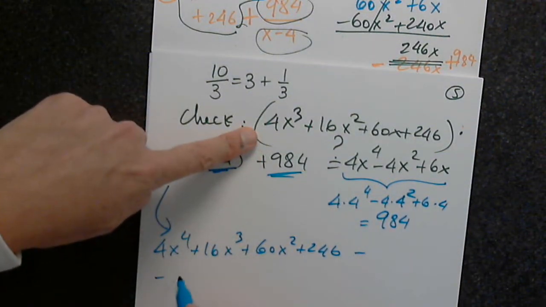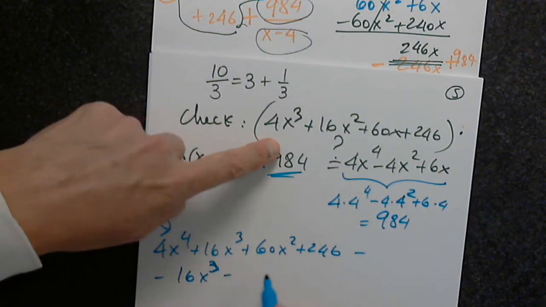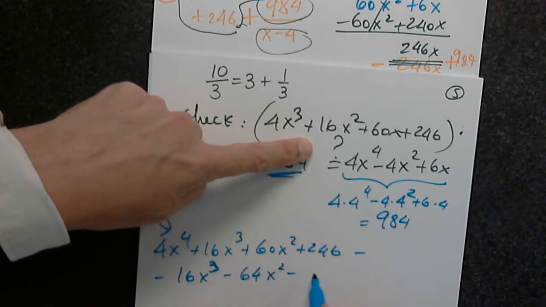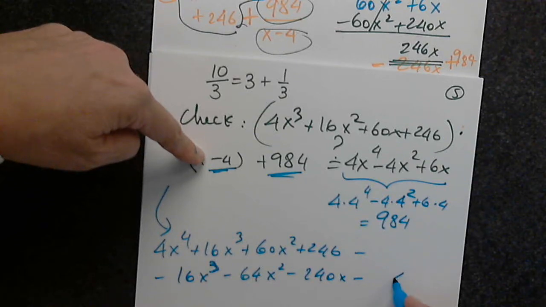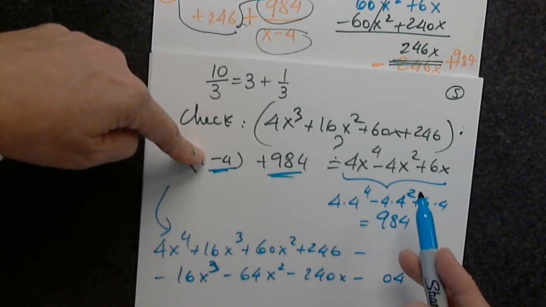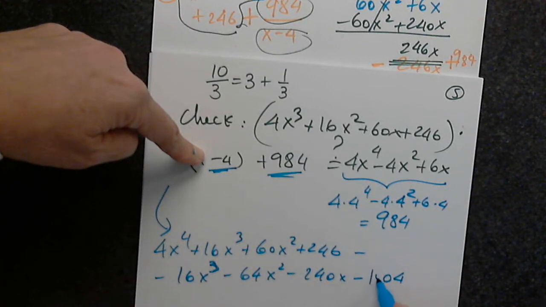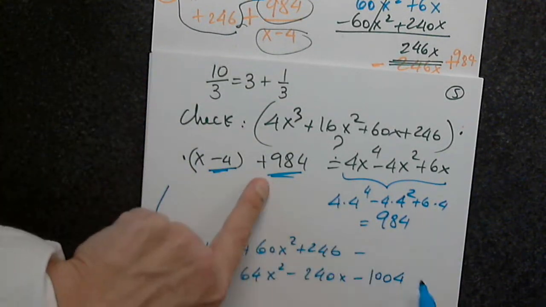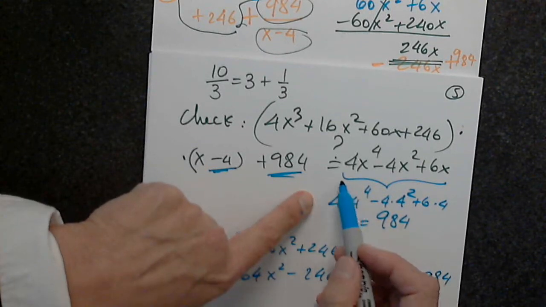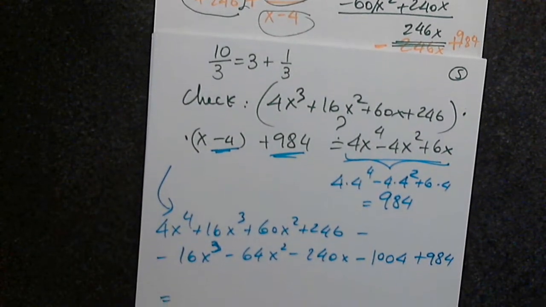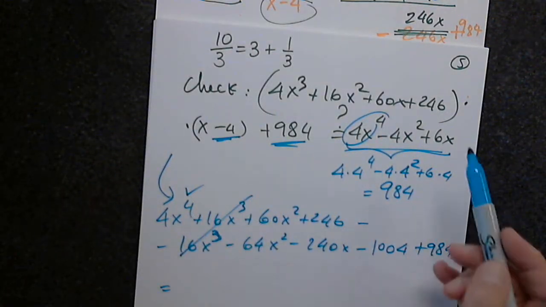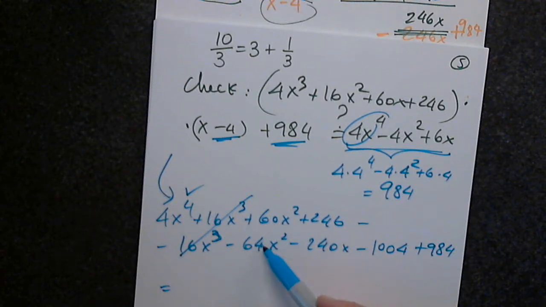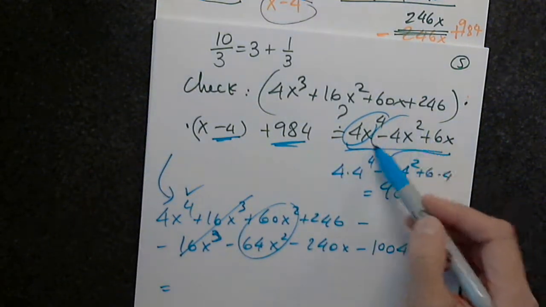So minus 16x cubed minus 64x squared minus 240x and minus 984, and then plus 984. So I have to see that this is true. So the 4x squared, yes. These two go away. The negative 4x, yes, correct.